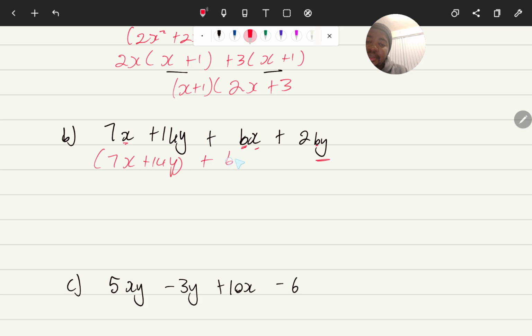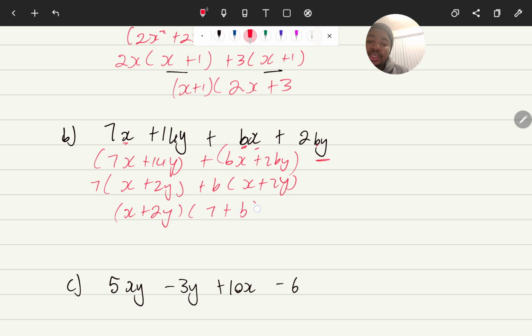Then I say plus bx plus 2by. Common factor here, 7. Then I have x plus 2y. Common factor here, b. Then I have x plus 2y. Then I have common factor x plus 2y, (7 plus b). Right? Done.